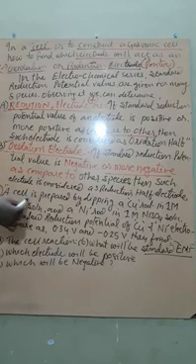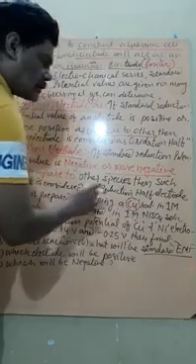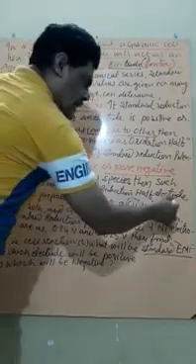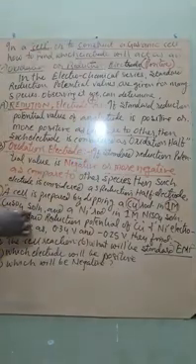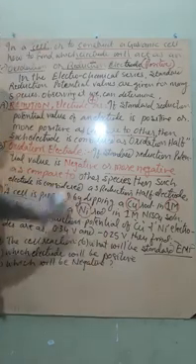A cell is prepared by dipping a copper rod, that is one of the electrodes, in a standard 1 molar solution of copper sulfate. And another electrode is nickel. Look here, I changed the species in this galvanic cell.